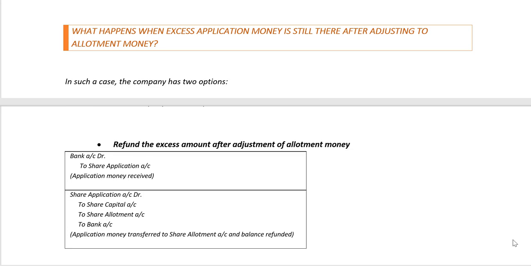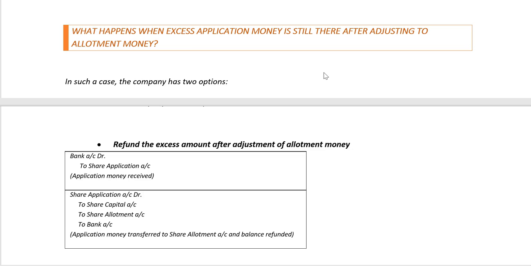Next, we need to understand a very important point. What happens when excess application money is still there after adjusting to the allotment money? Now, if the excess application money is so much that even after transferring to the allotment money, there is still some balance left, then what should the company do?